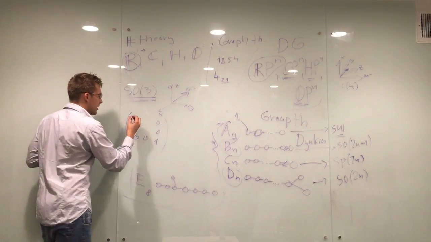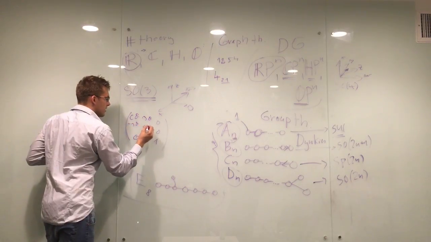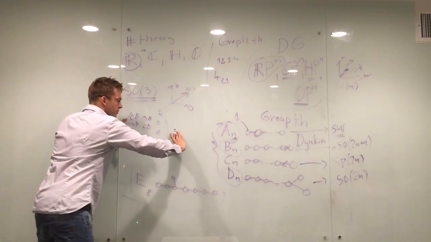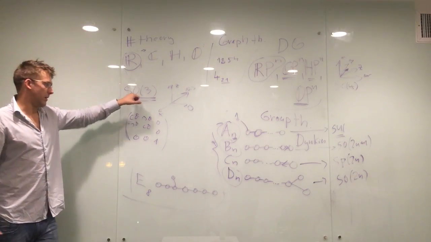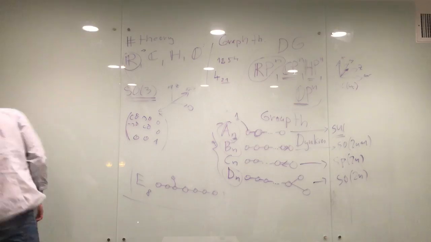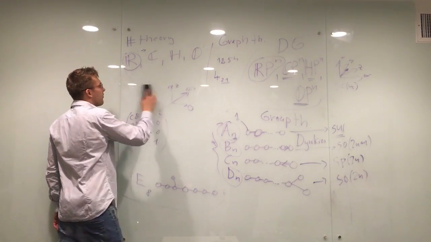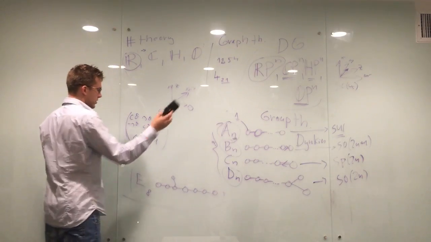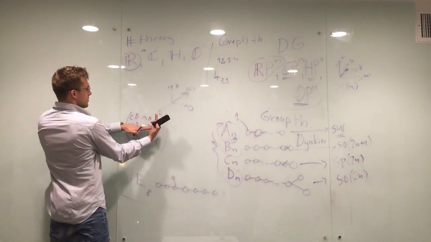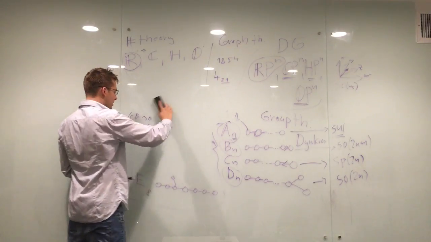So that would leave me cosine theta, sine theta, minus sine theta, cosine theta. So this would be the form of the matrix of the vector representation of SO3. Now we have fundamental or vector representations of all the other algebras. We can use, say, SO4 or SO2. SO2 would just be this. Then SU, whatever.